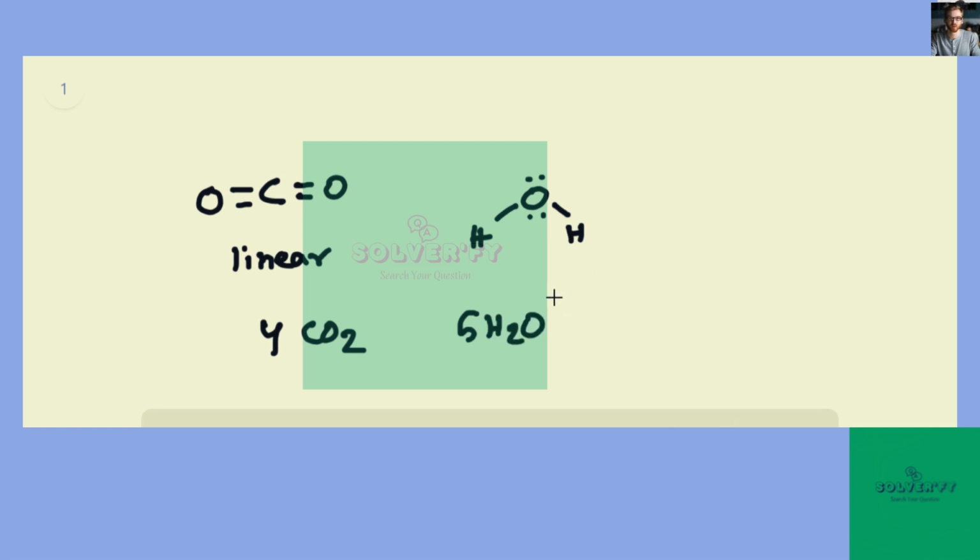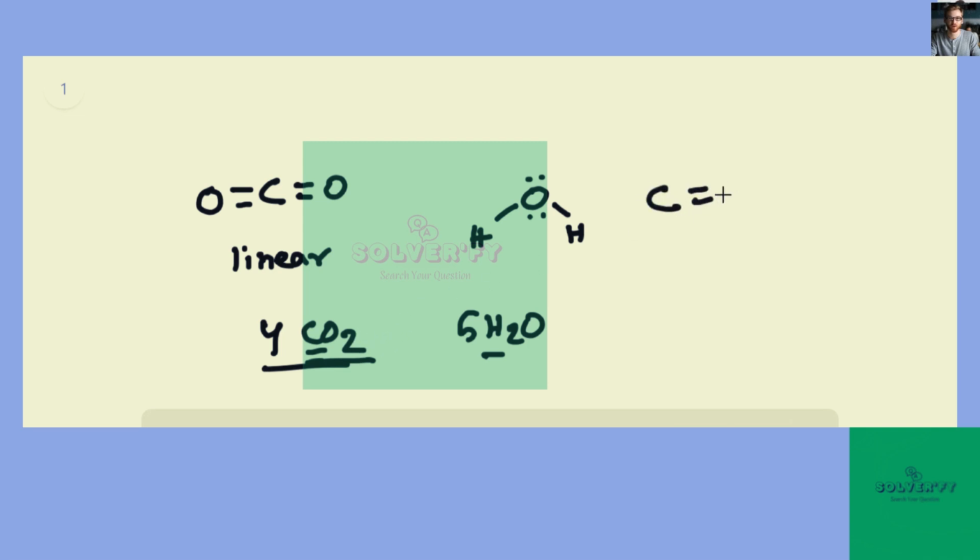Now, to know the empirical formula of the hydrocarbon of which combustion we are getting this number of CO2 and H2O, we have to find the number of carbon and number of hydrogen which are being produced here, and just by finding that we can find the empirical formula. So as we see, in one molecule of CO2 we have one atom of carbon. So in four molecules of CO2 we will have four atoms of carbon.